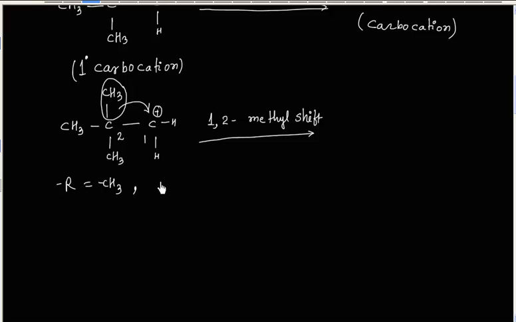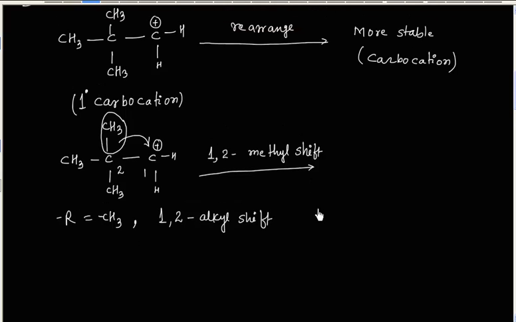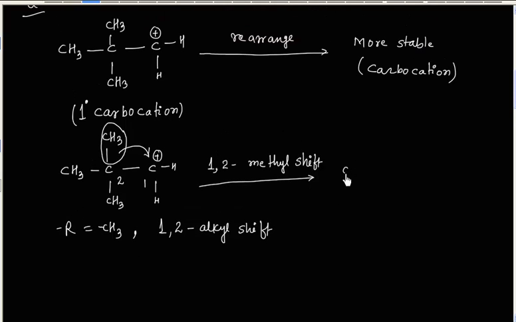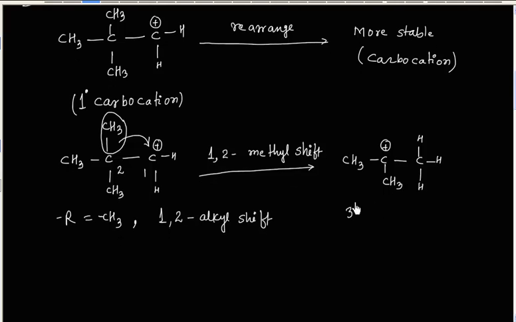In general we will call this a 1,2 alkyl shift. So the product after the 1,2 methyl shift, we will have a 3 degree carbocation, a more stable carbocation.